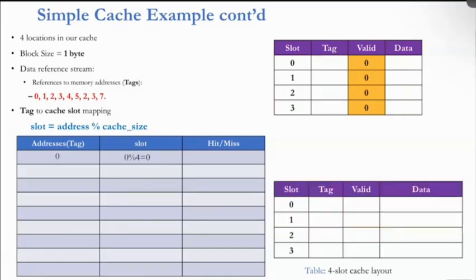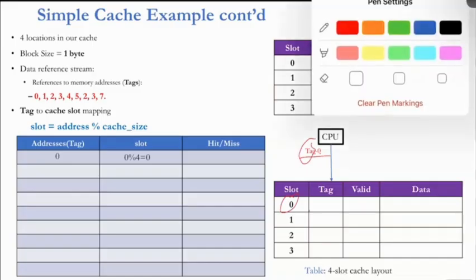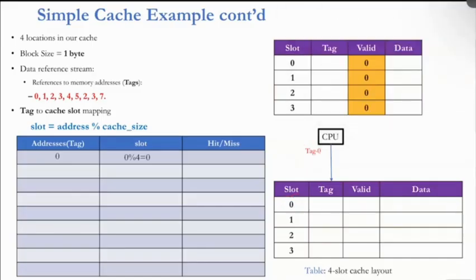So at execution time, when the program counter requests tag 0, that means in the 0th slot, it is going to compare the stored tag. Tag 0 means in slot 0, this tag is going to be compared. Here, if the incoming tag is not equal to the stored tag, that means there is a cache miss.